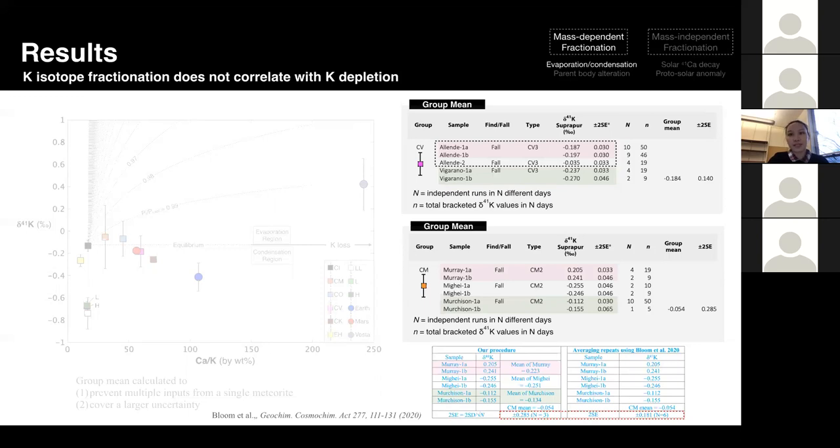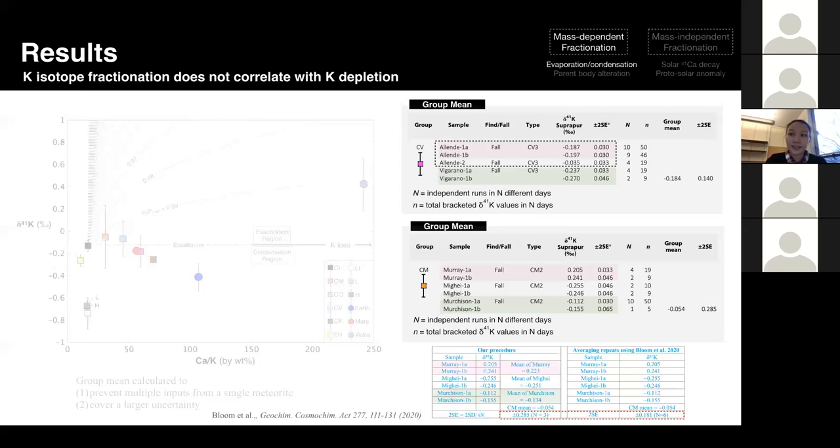To minimize possible sample bias, the group means and corresponding standard errors are calculated based on the individual meteorite rather than the repeats. To be more clear, any meteorite that is analyzed more than once is considered as one single data point in the calculation. For instance, the top table shows how we calculate the CV group means.